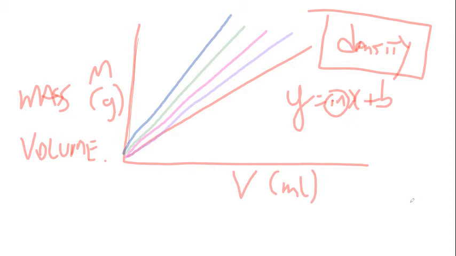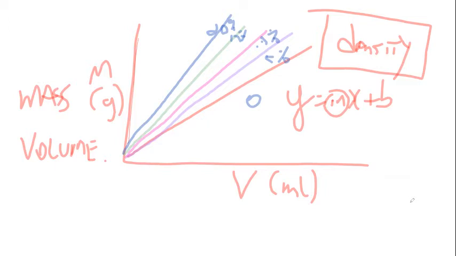So the slope of this line, if this is the 0, this will be the 5%, this will be the 10%, 15%, 20%, or whatever the amount of sucrose is. Probably it's more than that, I think. But the more sucrose you add, the higher the slope of that line should be.